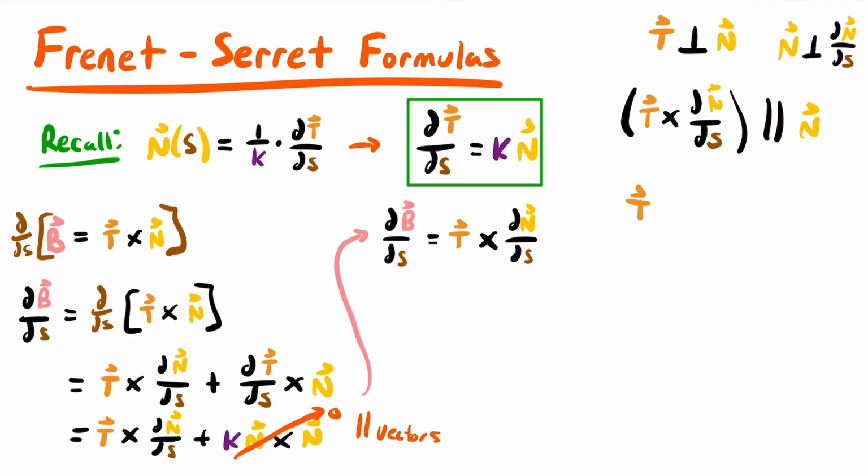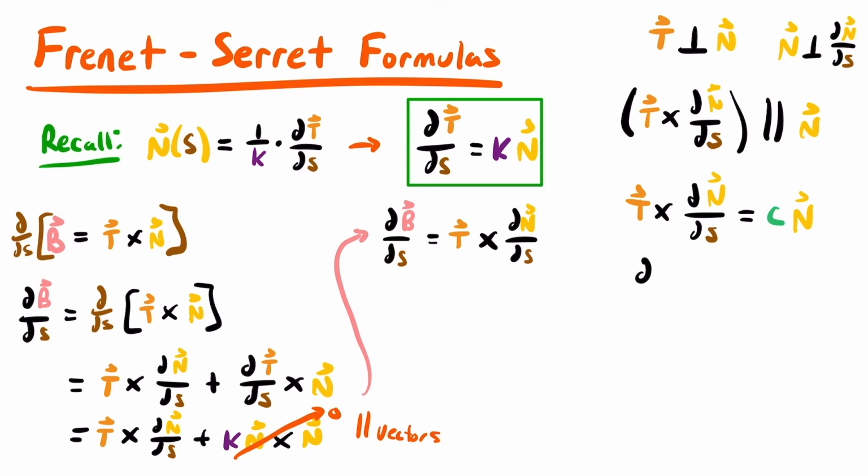All right, the cross product between T and dN/ds would be equal to some scalar, I'm just going to call it c, multiplied by the unit normal vector. This has to be true because this cross product is parallel to N. Some scalar multiple multiplied by N would have to be equal to this cross product. All right, so now here's the punchline. Remember that this cross product, we said it's equal to the derivative of B with respect to s.